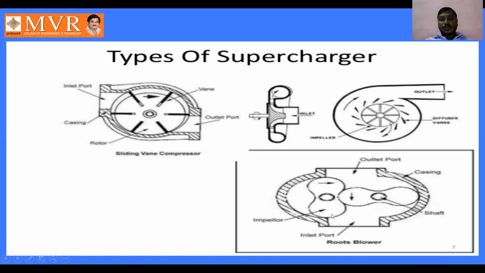Here also in the roots blower, the air enters the roots blower, and in between the lobes of the impeller and the casing, the air is compressed and gives high pressure and high temperature, and is sent out into the atmosphere through the outlet port.